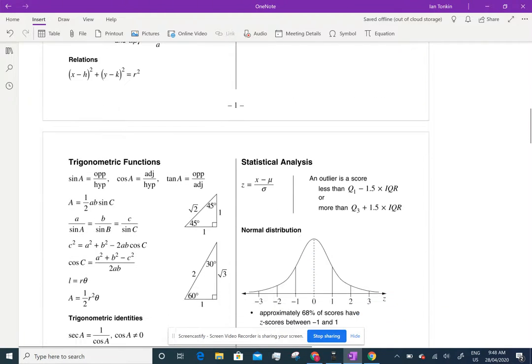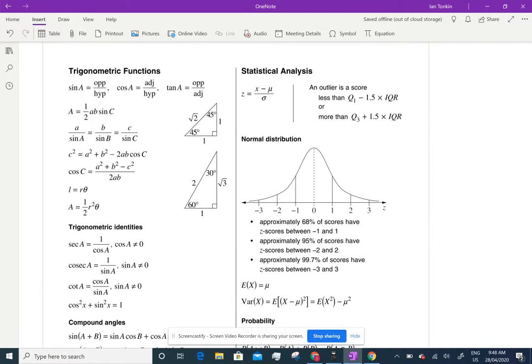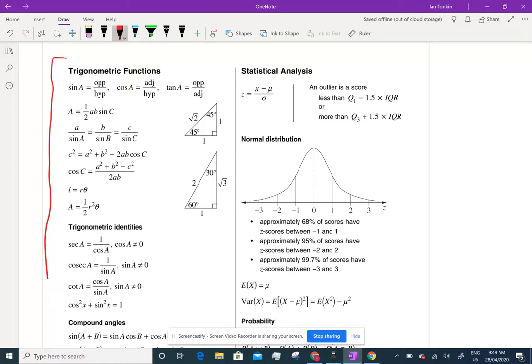So the first page is there. I want to look at the second page in trigonometry. And remember that your reference sheet that you have within your folder is something that you need to annotate and make sure that you are constantly looking at it so you know what you need. So for us in advanced mathematics, that's all we need.